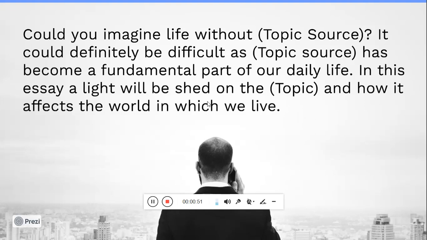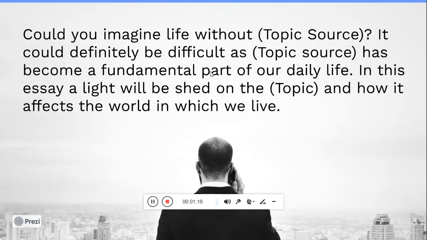Okay, here, if you are talking about the highest building in the world, so this is the topic. How about the topic source? The source, what would it belong to for the highest building? It could be tourism, for example. So could you imagine life without tourism?